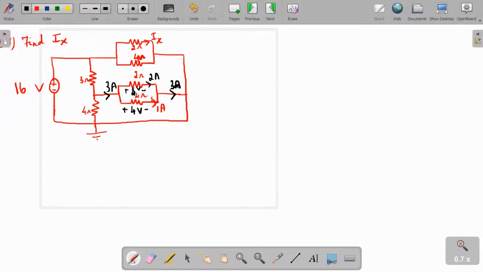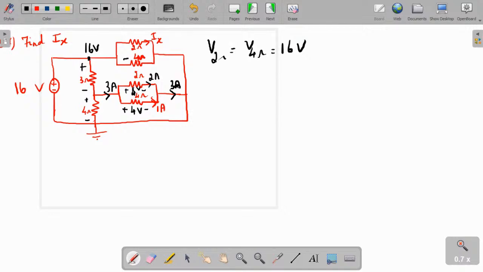So whatever voltage is there, this is going to be the node voltage here, 16 volt. So this 16 volt is going to be split up between these two resistors, right? So here we got 3 ampere. The voltage across the 2 ohm resistor and this 4 ohm resistor is going to be 16 volt.